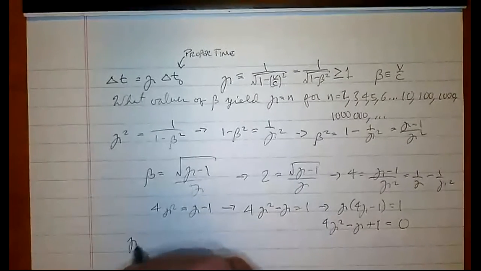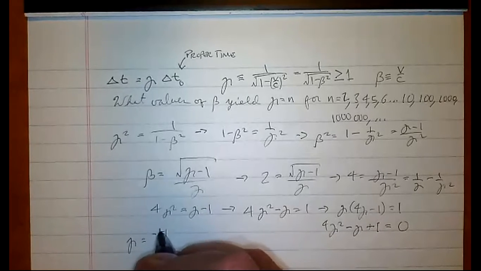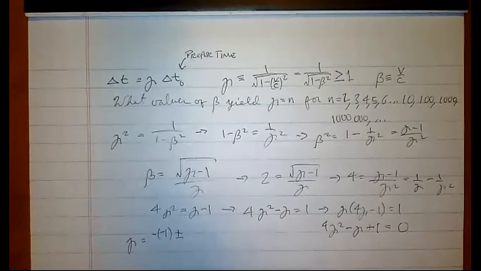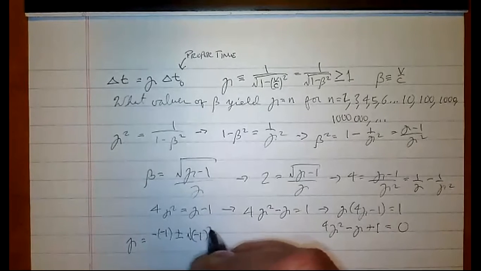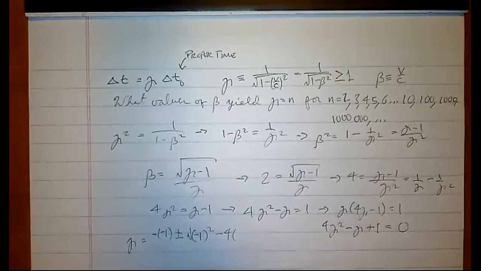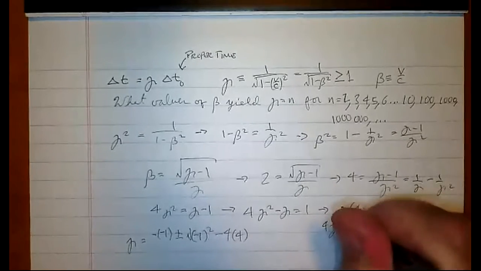We can say gamma equals negative b, that's negative of negative 1, plus or minus the square root of b squared, that's negative 1 squared, minus 4 times a, which would be 4, times c, which we concluded was negative 1.